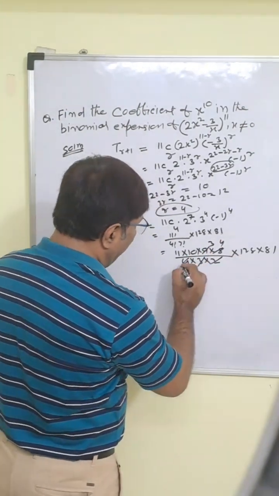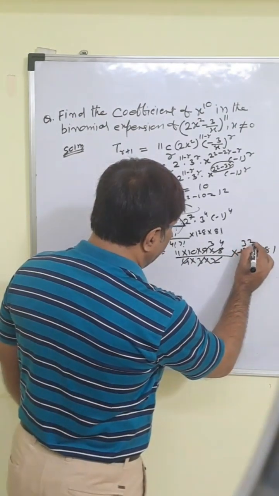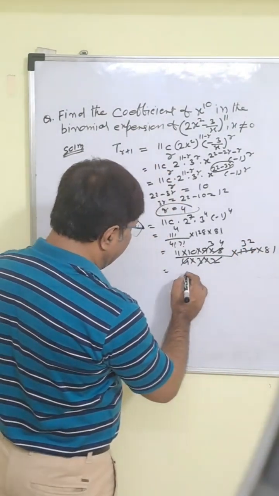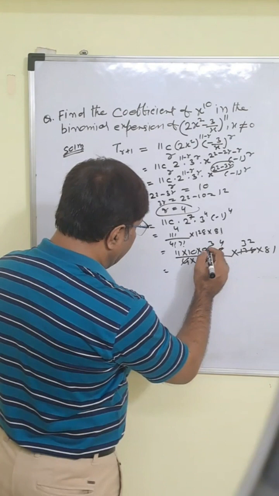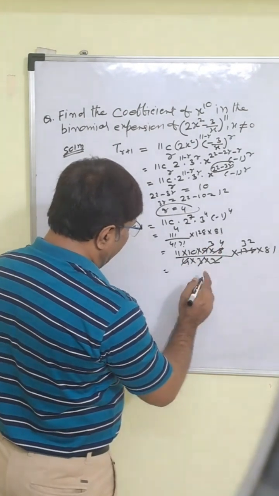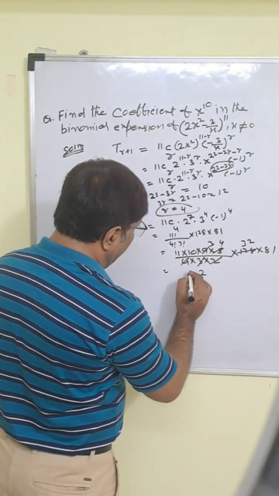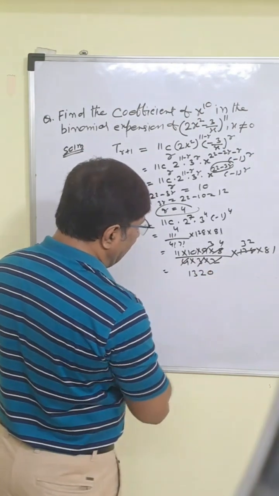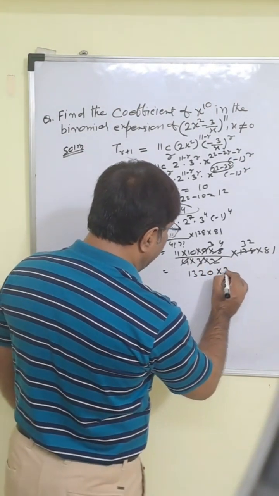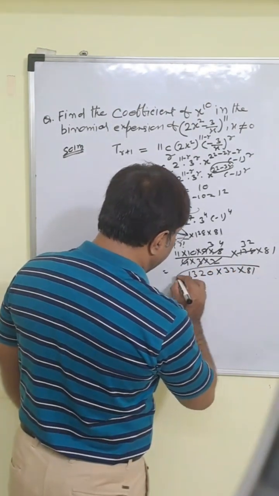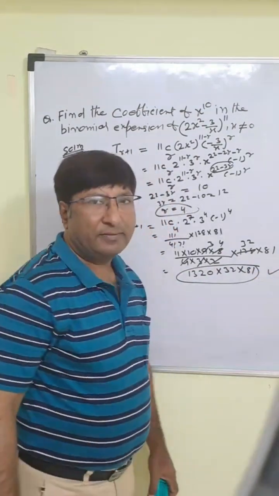And now this is 4, so 4 3s are 12, 4 2s are 8. So you will get the direct answer: 3 4s are 12 and 3 4s are 12. So 11 2s are 22 and this is 30. So 1320, and multiply 32 into 81. This is your correct answer.